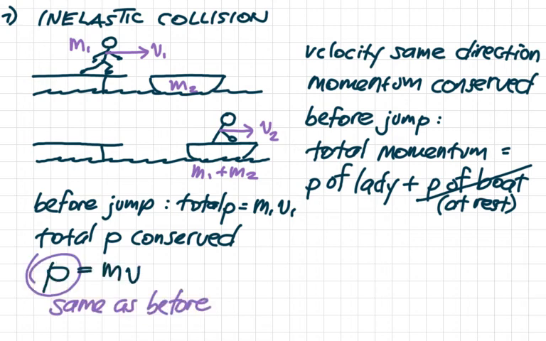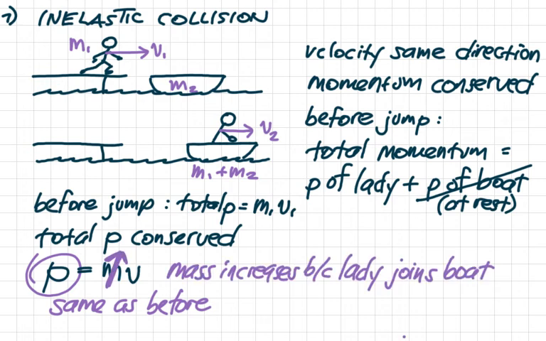But here's the kicker. When she jumps into the boat, she now gains the mass of the boat. The system becomes her and the boat. They become one object. So there's a bigger mass, but the momentum is conserved. So if p is held constant and your m increases, mass and velocity are inversely proportional.